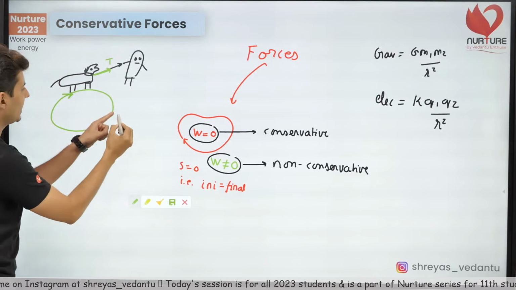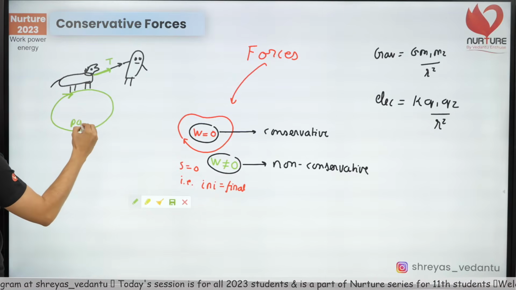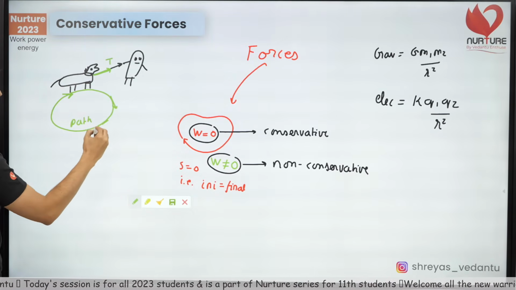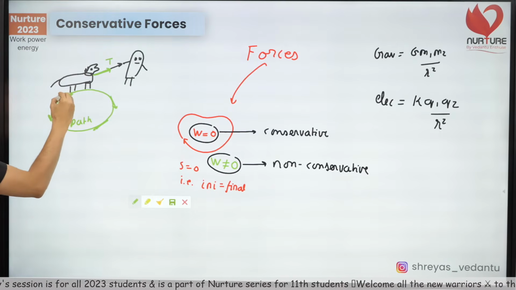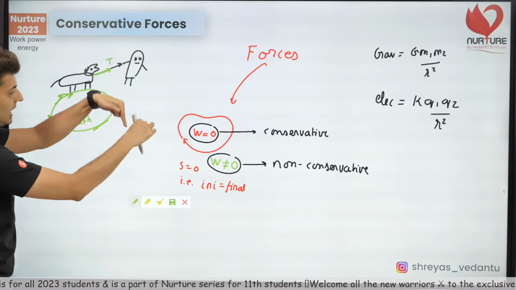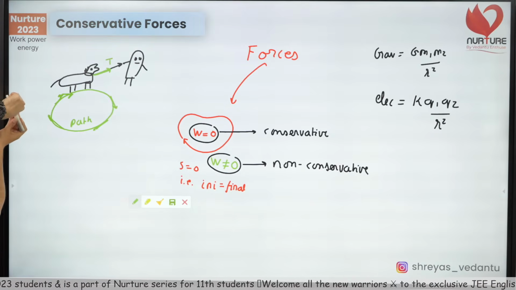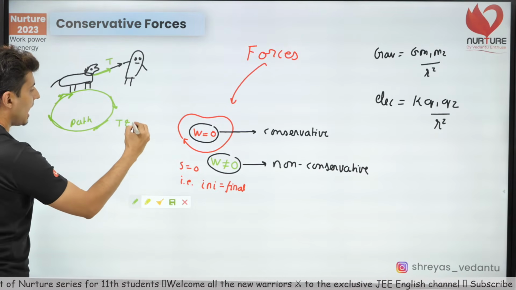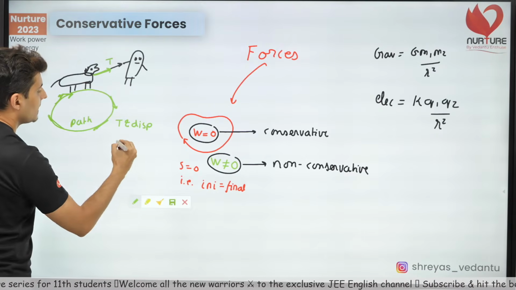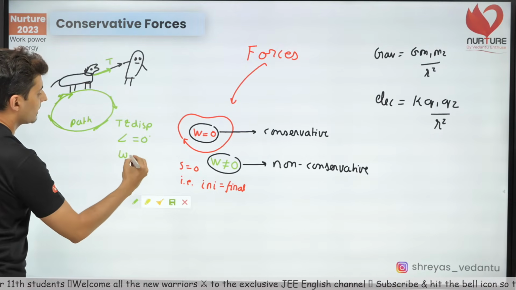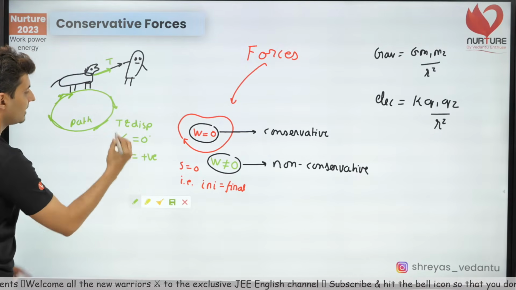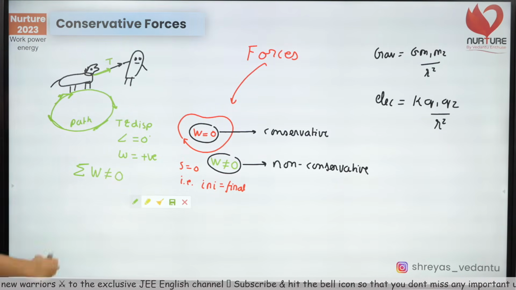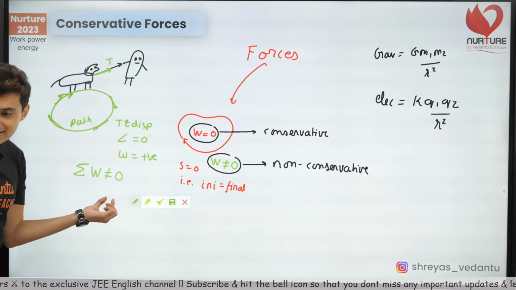This is the path, and you bring it to the same point. Every time the tension is parallel to the path, tension and displacement are in the same direction. So don't you see, at every point the angle between tension and displacement is 0, work is always positive, so the total work will obviously not be 0. Do you see that? The total work is not 0.